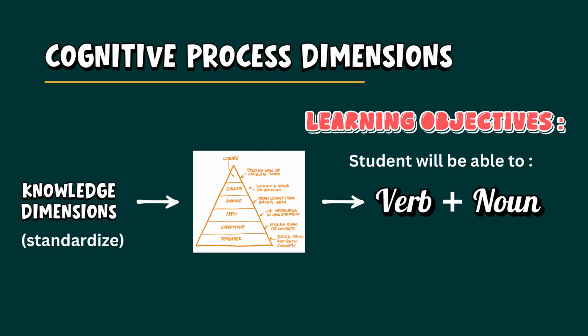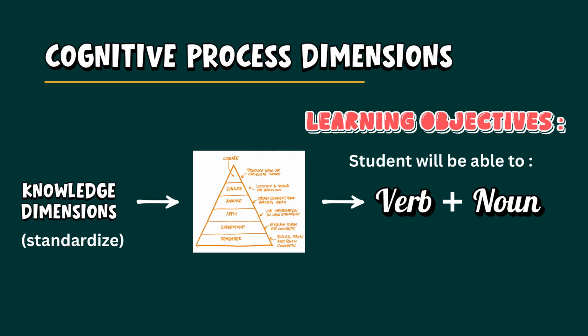When we design learning objectives, we always phrase them as, student will be able to, followed by an action verb. This ensures that objectives are measurable, observable, and aligned with both the knowledge and the cognitive dimensions. Every knowledge must already be standardized as tools to perform a job. Your task as instructors is to deliver learning aligned with those standards.